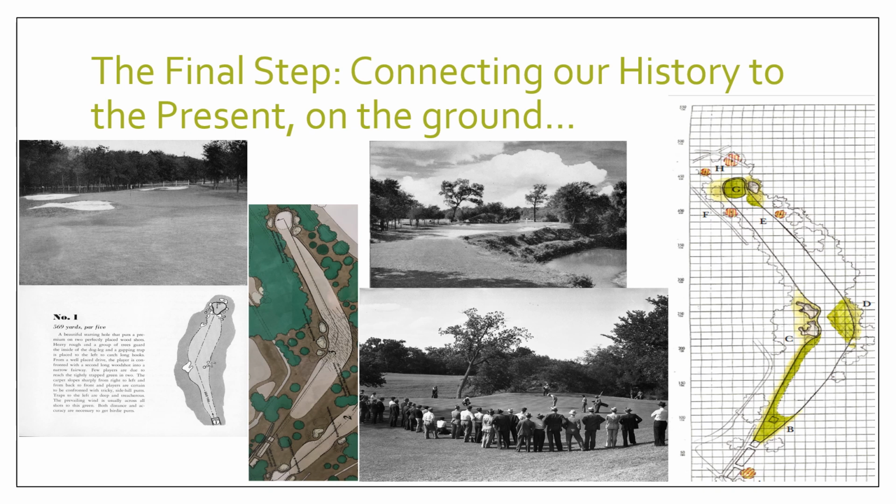This is the architectural piece. This is Gil Hanse's work, his suggestions for every hole, his master plan for Colonial Country Club, and we'll basically start going through his work.